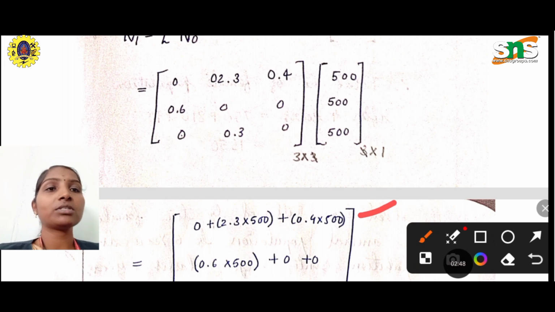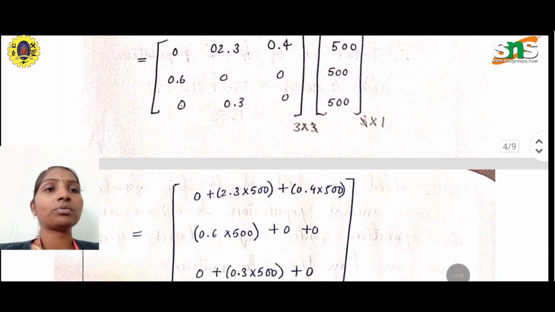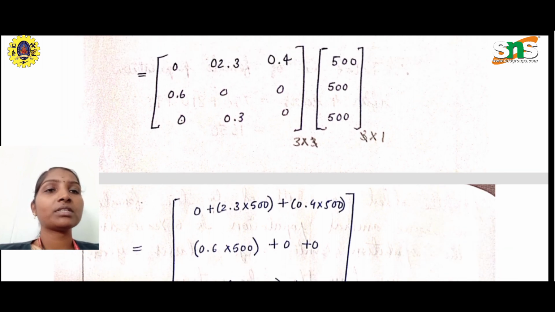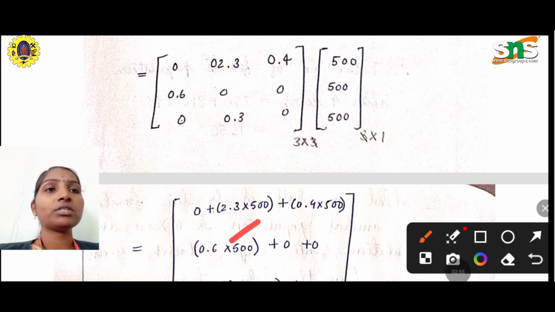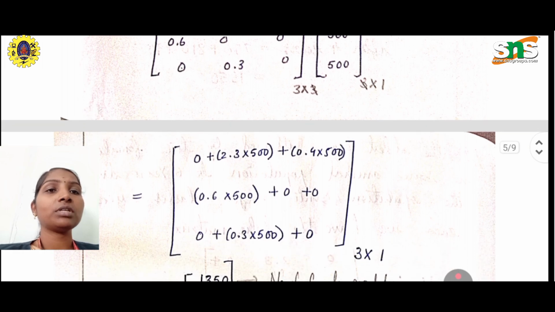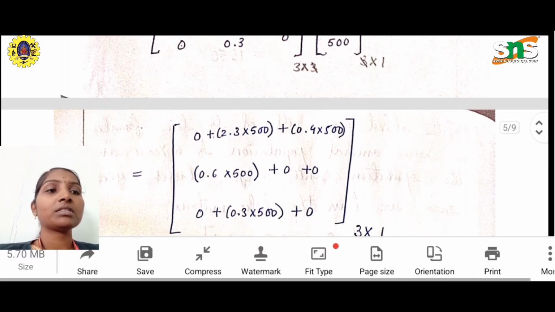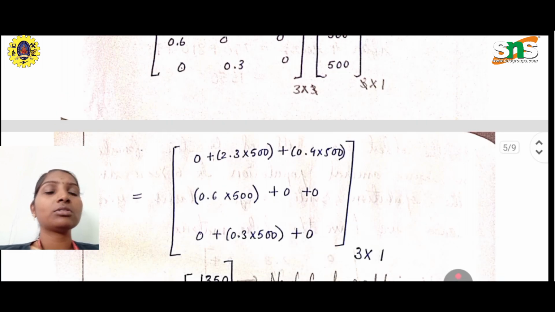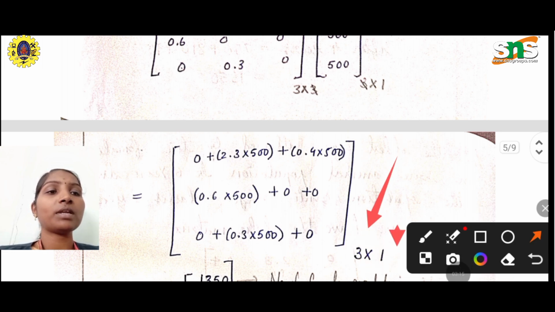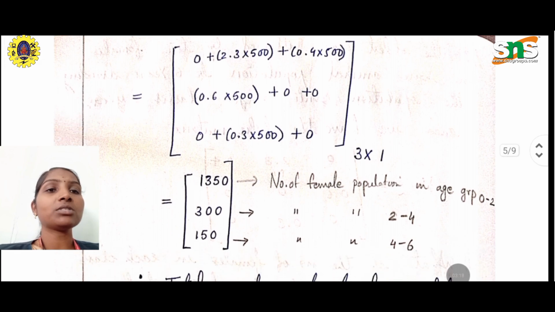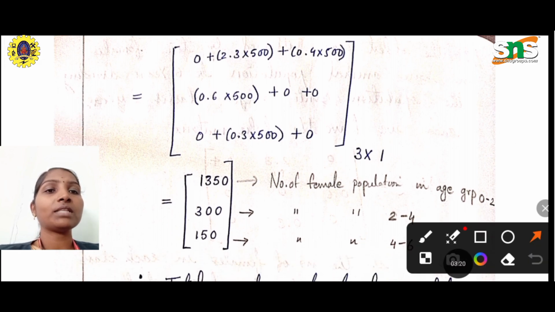The second row has 0.6 into 500, 0 into 500 and 0 into 500. The third row is 0 into 500, 0.3 into 500 plus 0 into 500. The resultant matrix is a 3 cross 1 matrix. On simplifying, you will have the values 1350, 300 and 150.